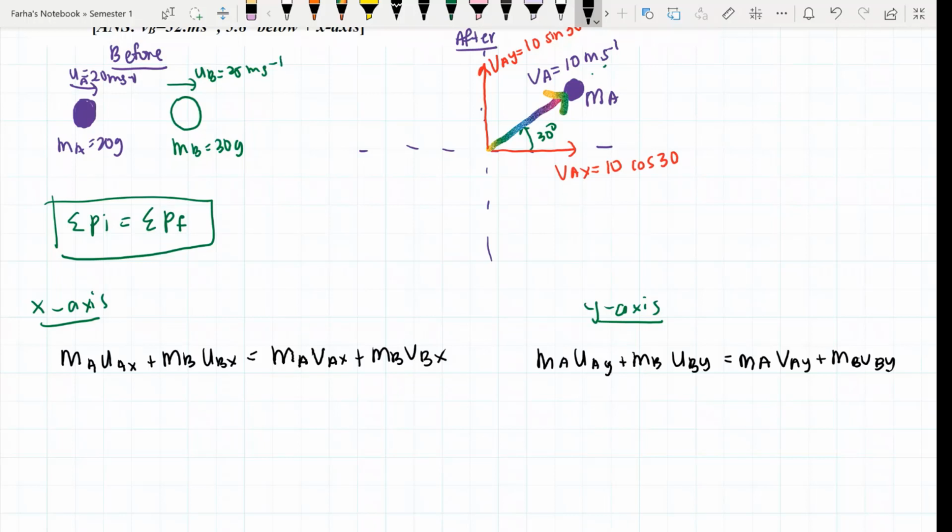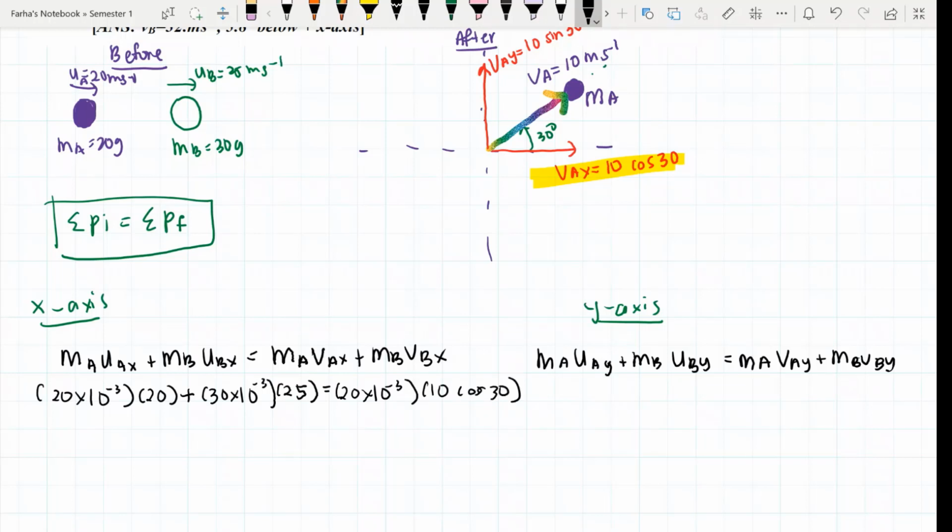Kita ada MA which is 20 grams. Kita masukkan, kita akan dapat 20 power of negative 3. UAX adalah 20, sebab to the right. MB is 30 gram, convert to kilogram. UBX is 25. Sama dengan MA VAX. MA ialah 20 grams, which is 20 power of negative 3 kilograms, times VAX. VAX adalah yang saya highlightkan warna kuning ni, which is 10 cos 30.